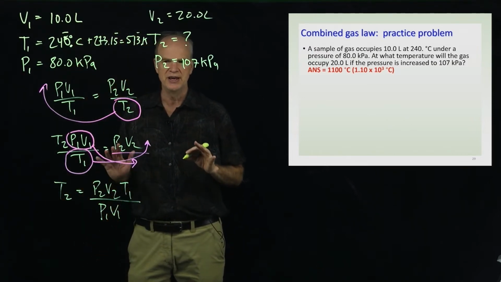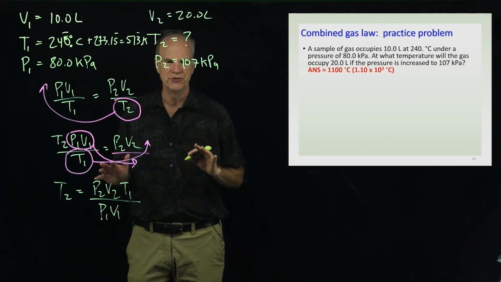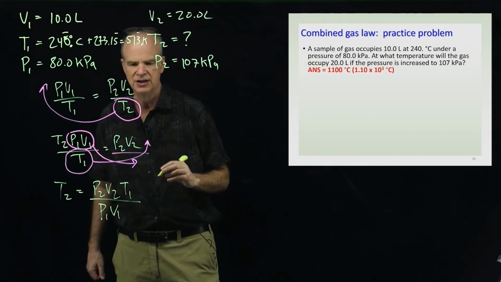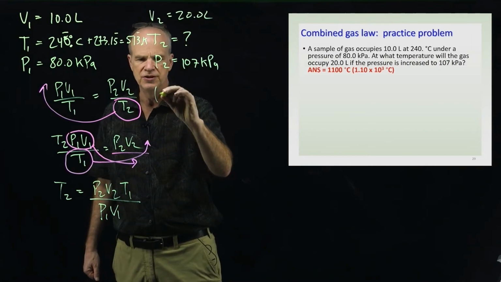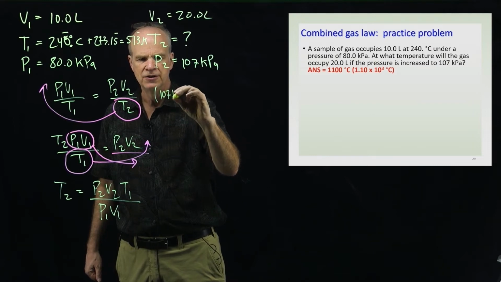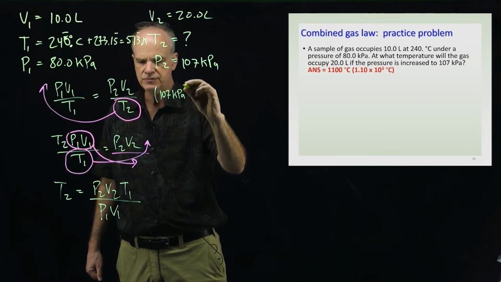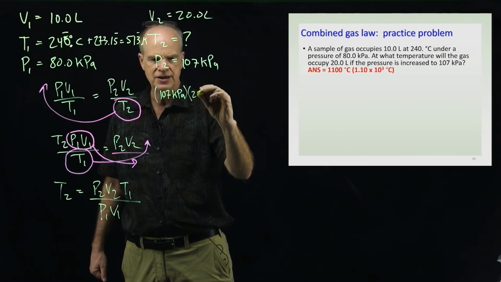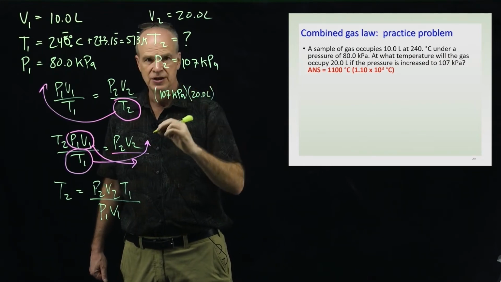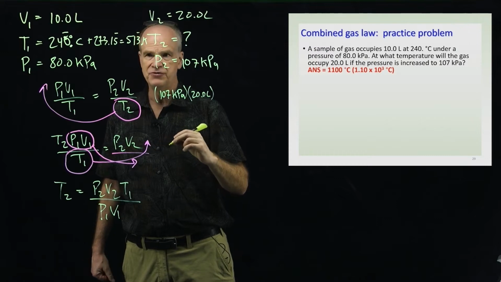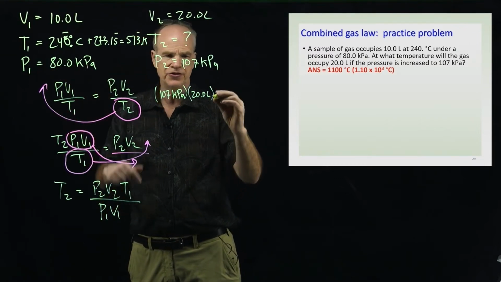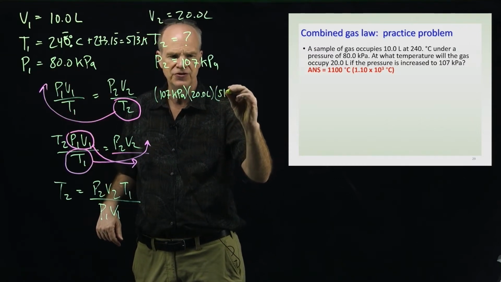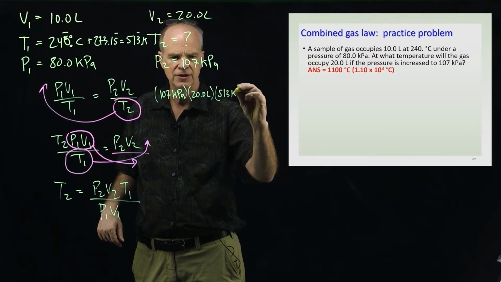Okay, so let me just go ahead and plug in some numbers and just confirm that the units cancel as expected. So P2 is 107 kilopascals, and V2 is 20.0 liters. And we also have T1, which is here. It's going to be 513 Kelvin.